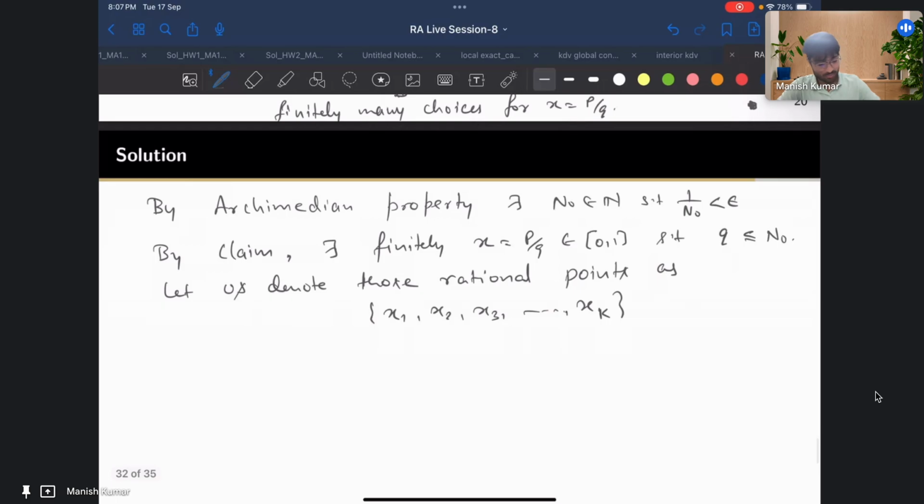Now again I'll repeat the same thing. Suppose this was my (0, 1), and let's say this is my c. So c is irrational, c in R minus Q. Now let's say x1, x2 are like this. So now I'll choose my neighborhood delta.